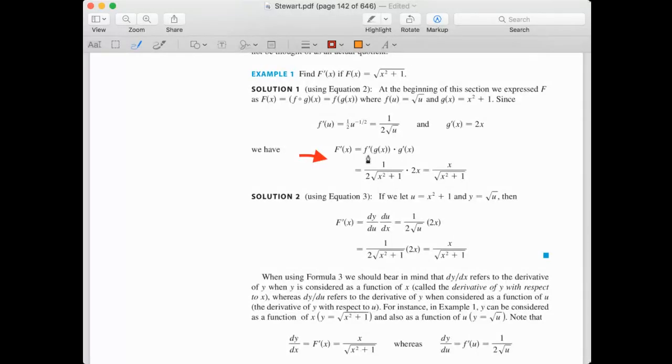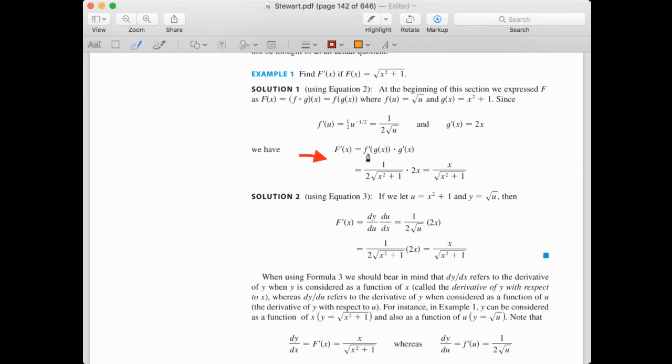So this is the f prime. Think of this u as x. F prime of u equals half of u raised by negative half. Then when we take derivative, this is 1 over 2 square root of u. Right? So we use this form. And what is the u? U is g of x. So what's g of x? That's x squared plus 1.